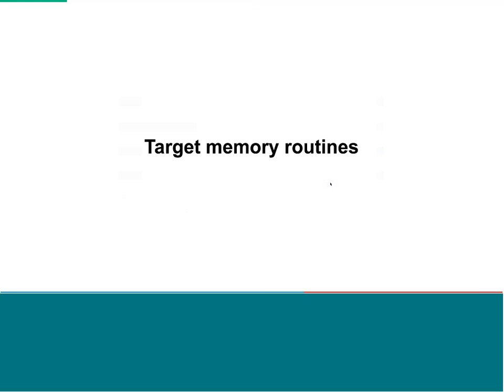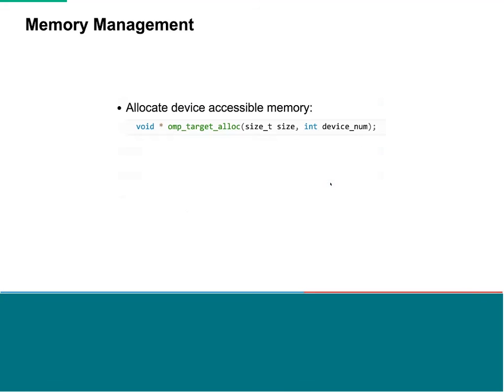Now, the other part of this, and I mentioned this as an aside earlier, is we've decided to expose some runtime API routines to allow the management of data manually with routines rather than just through directives. Now, the first of these is OMP target alloc.